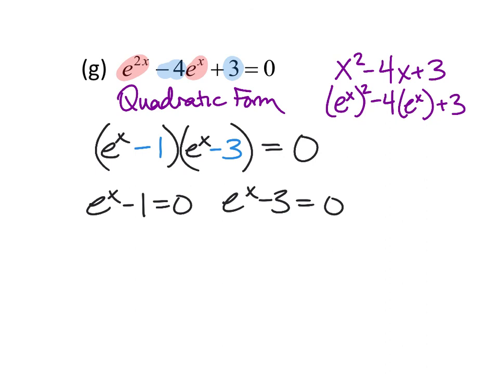Now I have tiny little exponential equations that I can isolate. I want to get these e to the x's, the base and power by themselves. So plus 1 and plus 3. Now they're isolated. I can take the natural log of both sides.